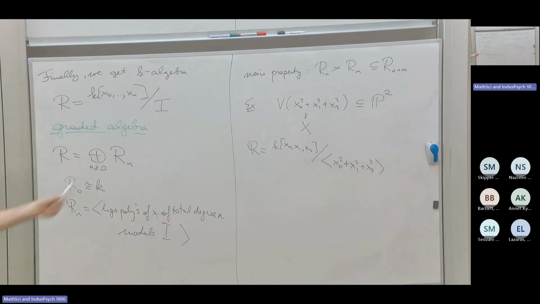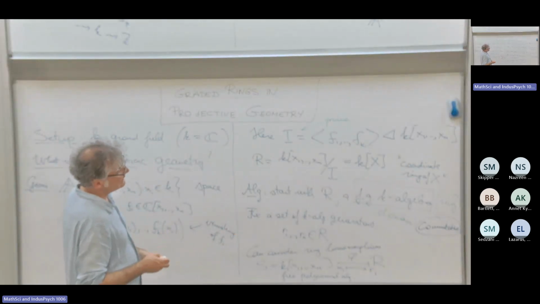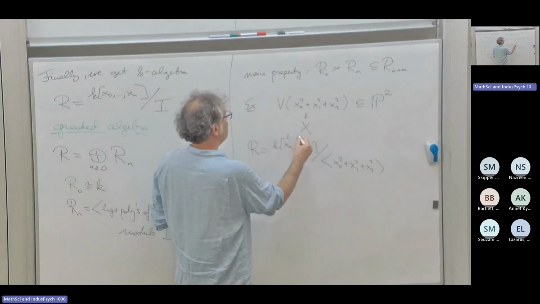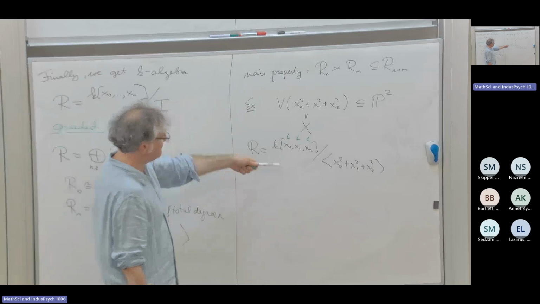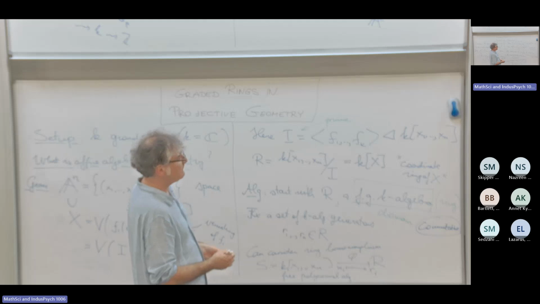And this is a graded algebra where the generators all have degree 1. So these all live in degree 1, and then polynomials of some higher degree, and then modulo multiples of that quadratic polynomial that gives you the grading.